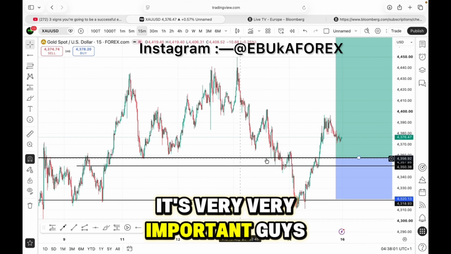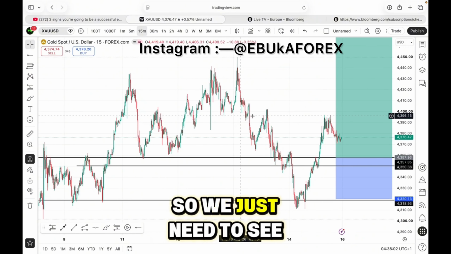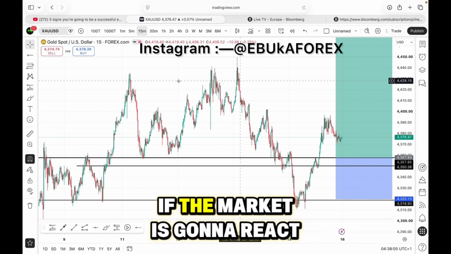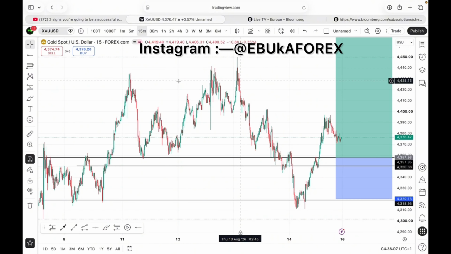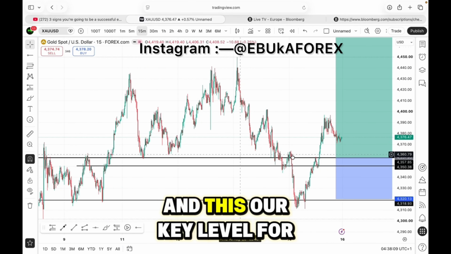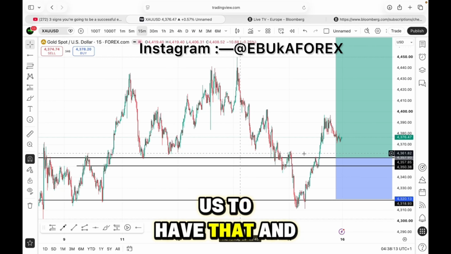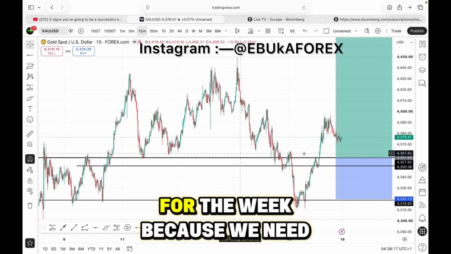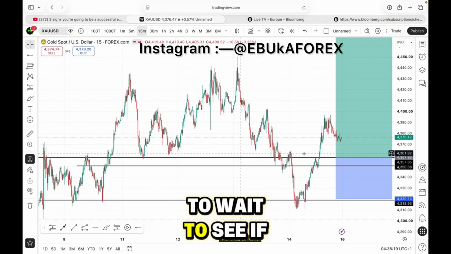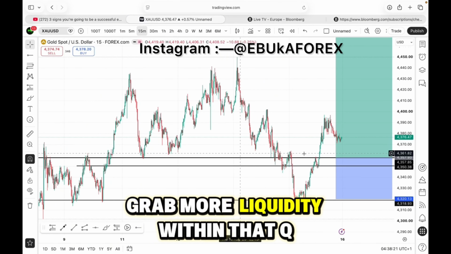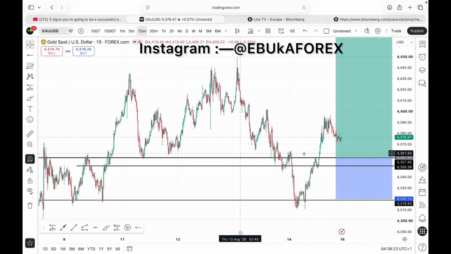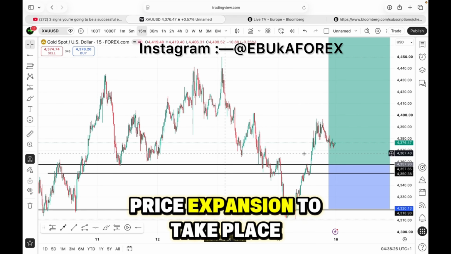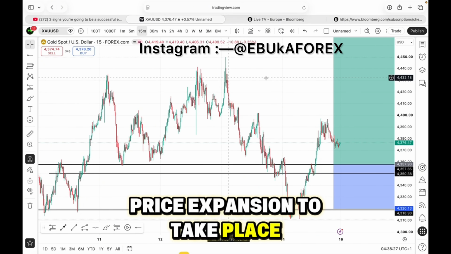It's very important, guys. So we just need to see if the market is gonna react towards this our key level for us to have that bullish momentum for the week, because we need to wait to see if the market is gonna grab more liquidity within that Q zone for that price expansion to take place.